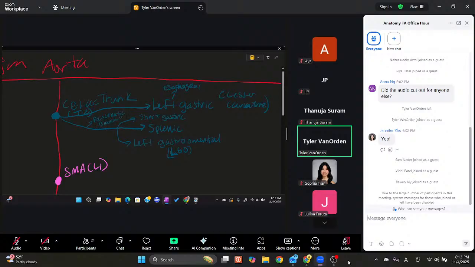Those you probably won't see in lab, but if you get a test question where the patient has, basically, pancreatic cancer or something like that, and the cancer is growing and it's obstructing the branches that supply the pancreas, where are those branches coming from? Well, they're coming from the splenic, which comes from the celiac trunk.